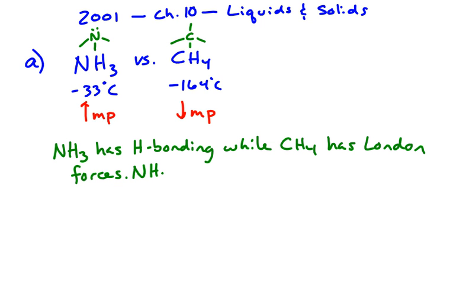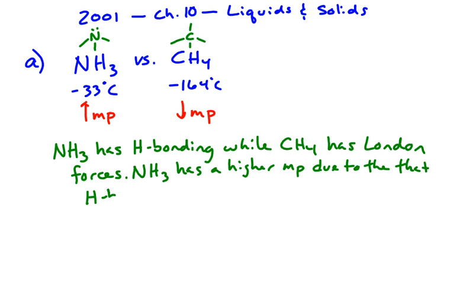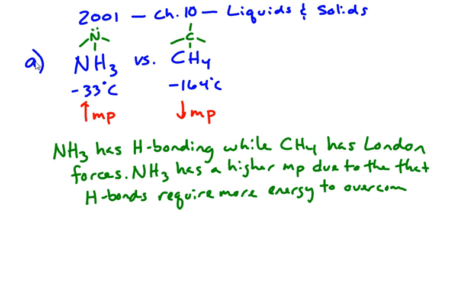So NH3 has a higher melting point due to the fact that H bonds require more energy to overcome the forces than weak LD forces.